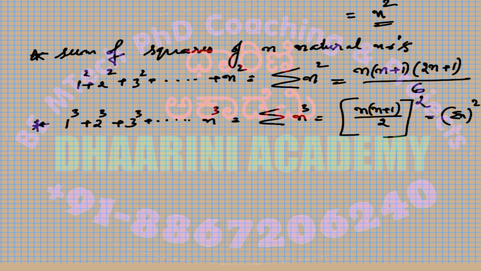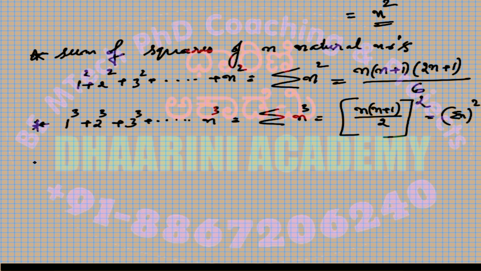All right, next part. What if I want to write 1 power 4 plus 2 to the power 4 plus 3 to the power 4 up to n to the power 4? So this is nothing but summation of n to the power 4. Right?